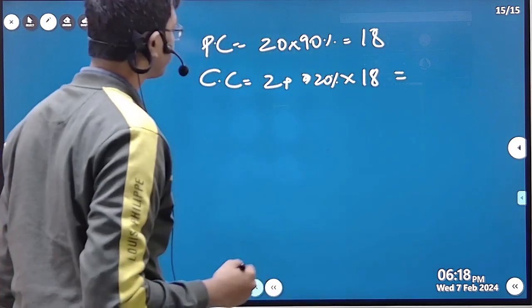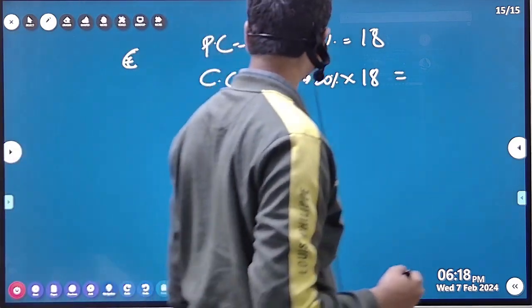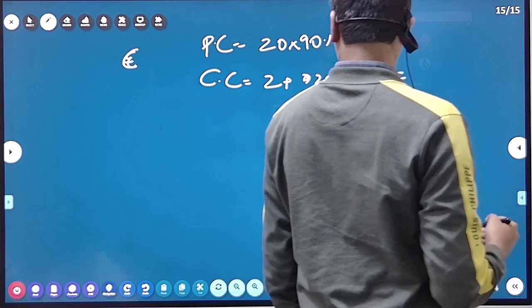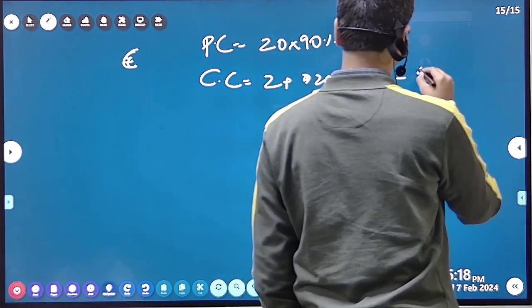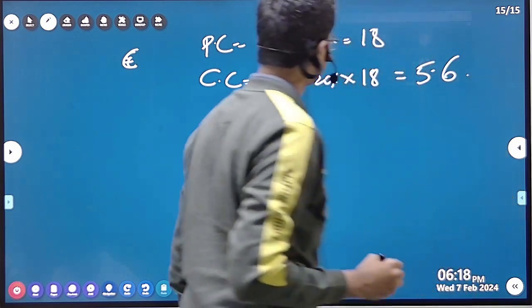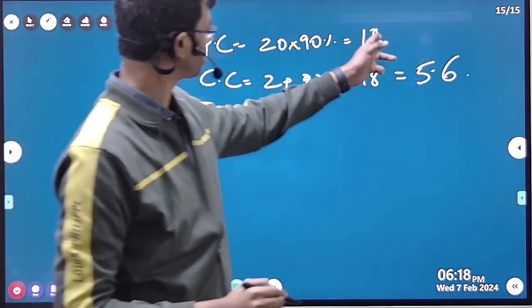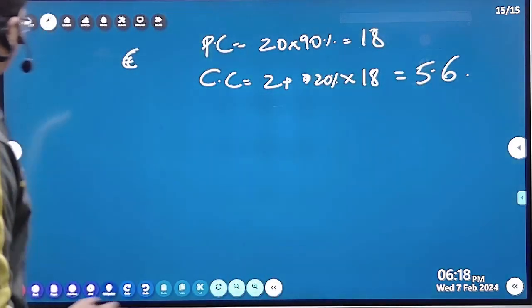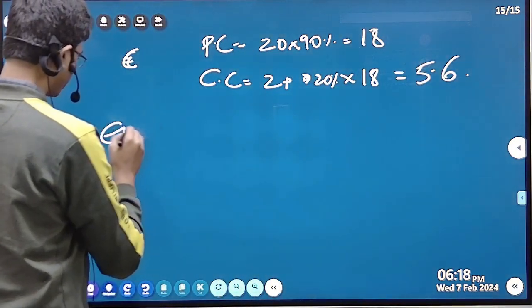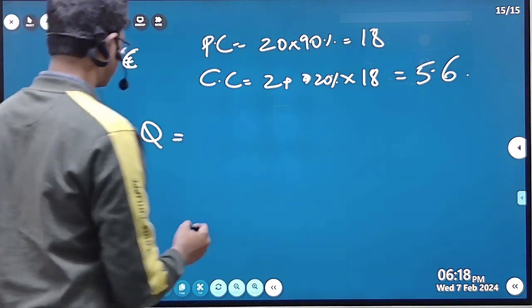So that will be 5.6. So we had 1 rupee more reduction compared to the previous scenario, and 20 paise again reduction compared to the previous scenario.